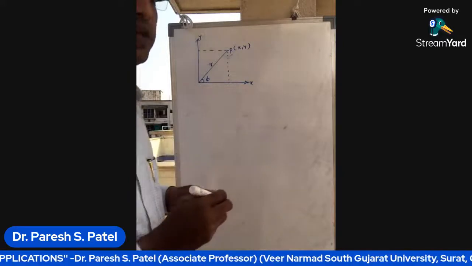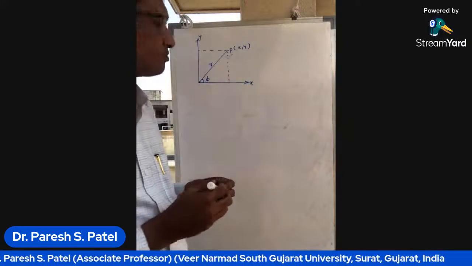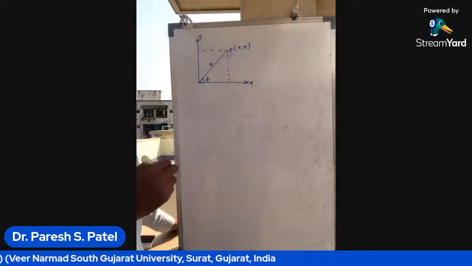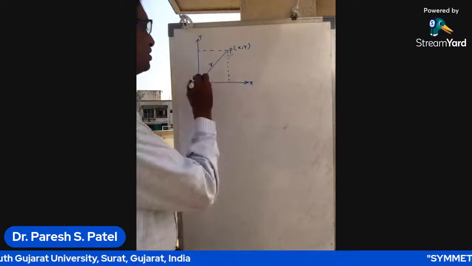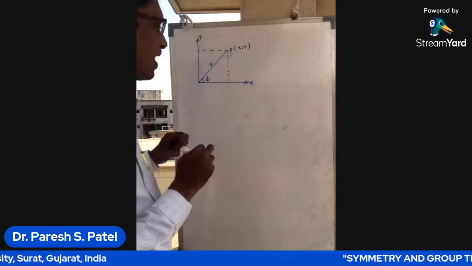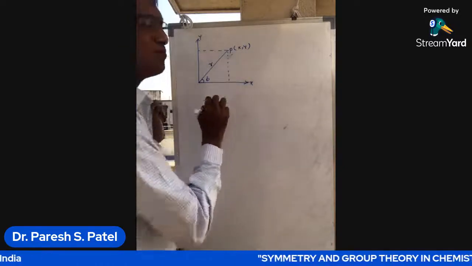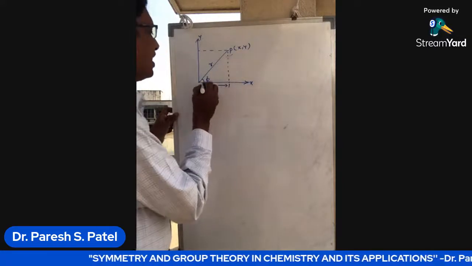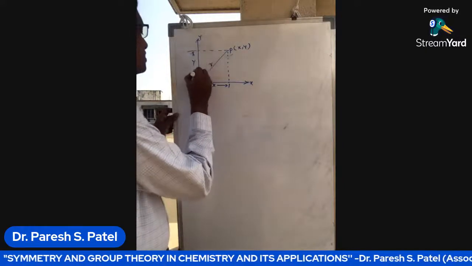Now this is the vector P with the coordinates x and y. The angle with the x-axis is phi. The length of this vector is r. P(x, y) means along the x-axis the distance is x, and along the y-axis the distance is y.